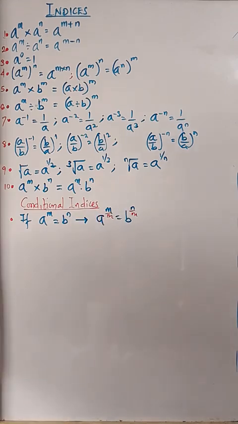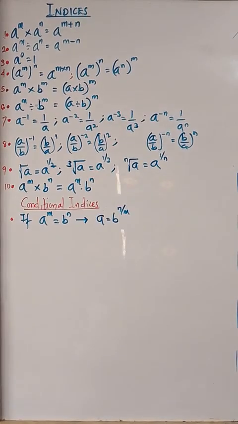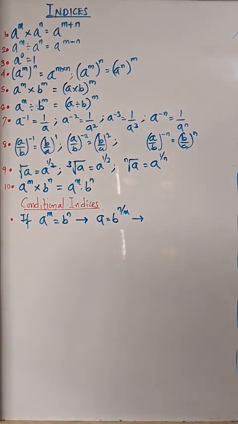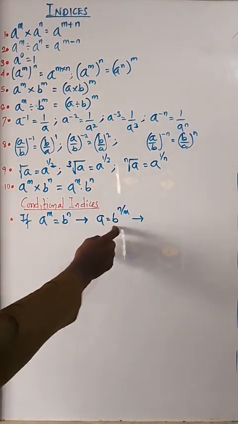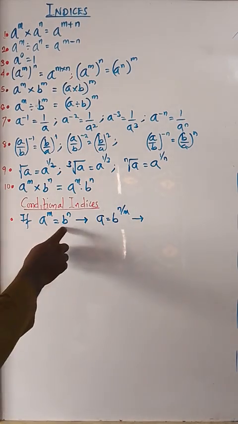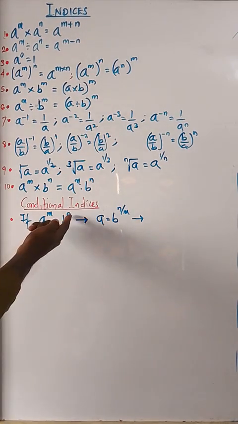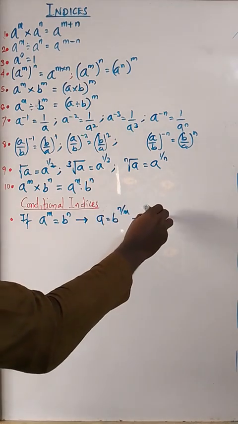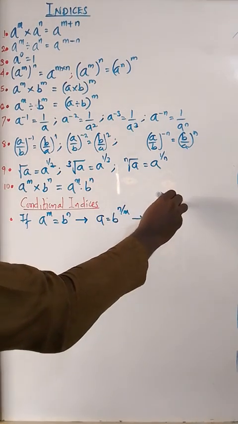This will cancel, m over m is 1, then here I have n over m. So all we do is divide through by m. We can also divide through by n, or multiply each power by the reciprocal, to make b the subject. So if you want b to be the subject, we divide through by n. This n will disappear and come below m. So from there, b will be equal to a raised to power m over n.